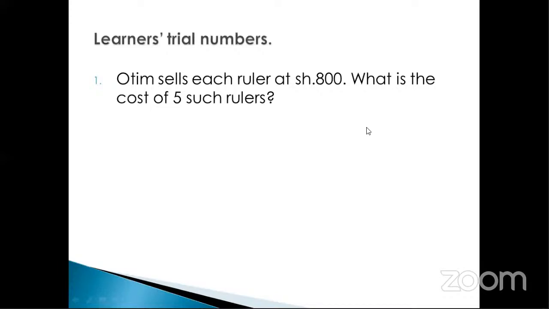You want me to call all the names? Yes, Alanyo, Alice. Can you also do for us that number? One ruler costs 800 shillings. 5 rulers. Yes, Alice, we can hear you.